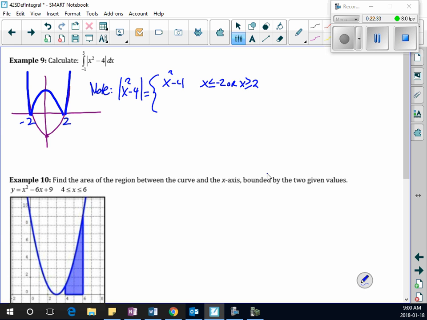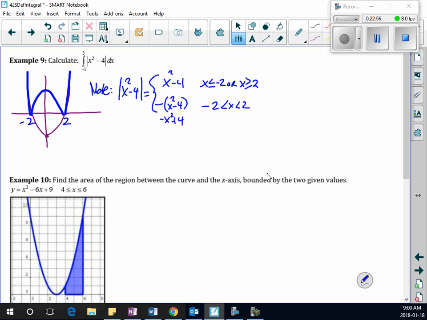You can decide where you want to put your equal sign. And then it's the reflection, so that means it's negative bracket x squared minus 4. If you want to write it out, this would be negative x squared plus 4. Think about that for a second. That is an upside down parabola at 4, so that makes sense why that would be the case. So that's when it's between negative 2 and 2.